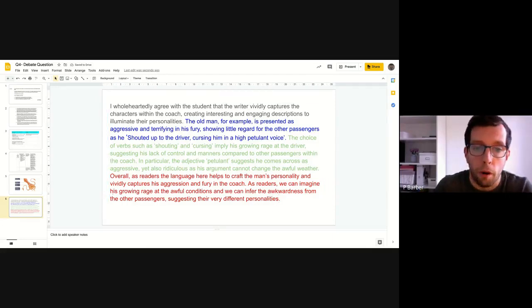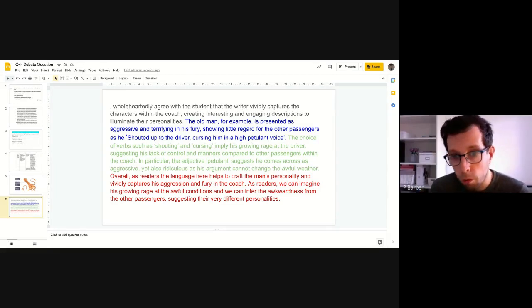If I read the full paragraph now, obviously you can see from the length of the paragraph that the most detailed and important parts are the ideas of looking at the key words and the overall effect on the reader. But what I've got here is this. I wholeheartedly agree with the student that the writer vividly captures the characters within the coach, creating interesting and engaging descriptions to illuminate their personalities. The old man, for example, is presented as aggressive and terrifying in his fury, showing little regard for the other passengers as he shouted up to the driver, cursing him in a high petulant voice.